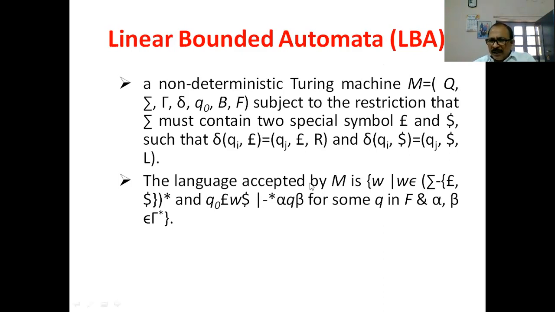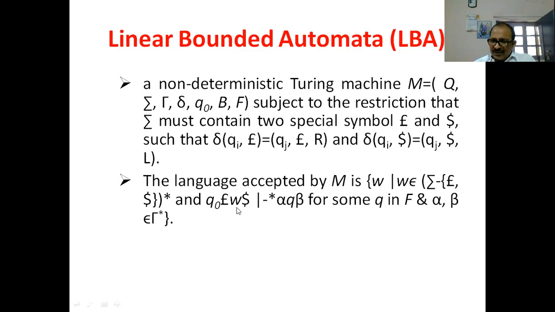The language accepted by a linear bounded automaton M is the set of words w such that w is an element of sigma star. We include these two symbols in the input, but they are not a part of sigma.